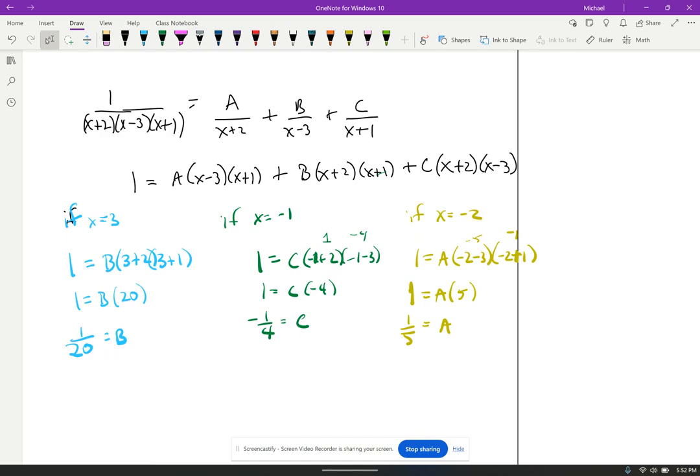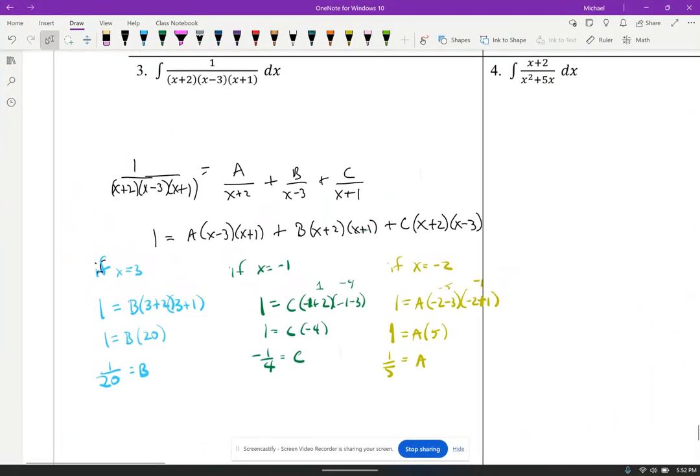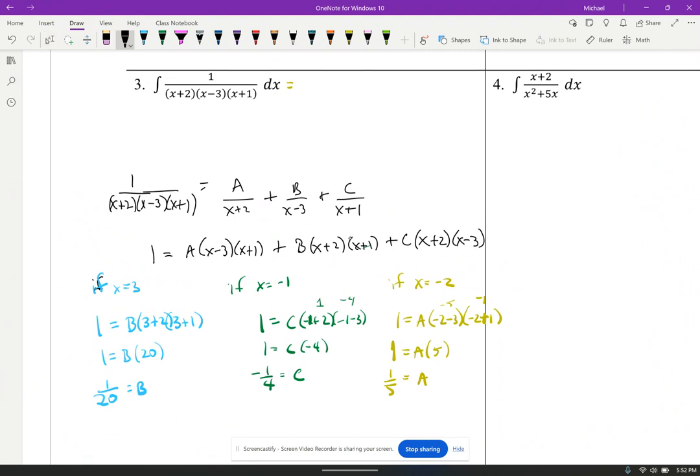So now I can do the partial fraction decomposition of this integrand. This is really the integral of A, which is 1/5, and I'm going to write the 1/5 on the outside because it's a constant, times 1 over x plus 2 dx, plus b, which is 1/20th, times the integral of 1 over x minus 3 dx, plus c, which is negative 1/4, times the integral of 1 over x plus 1 dx.